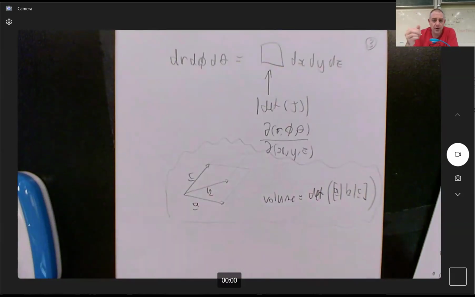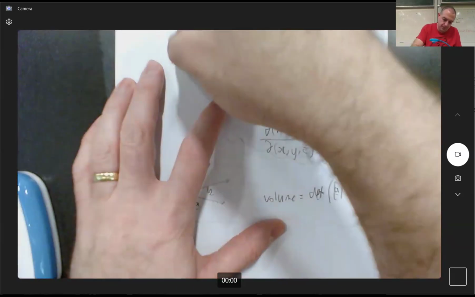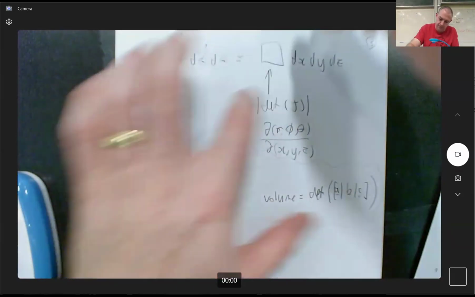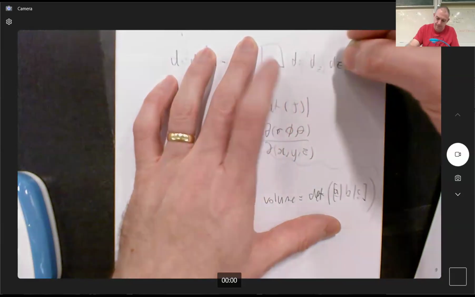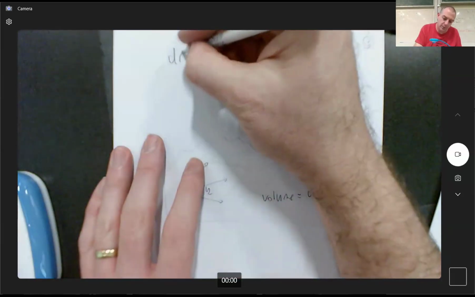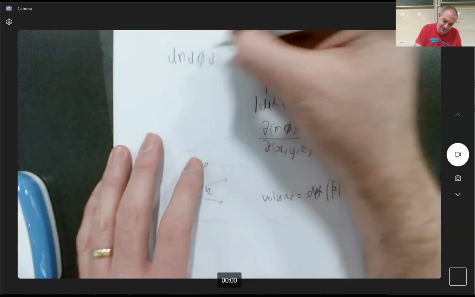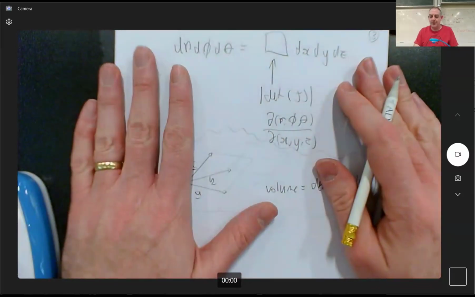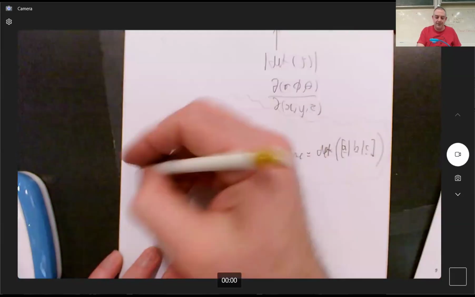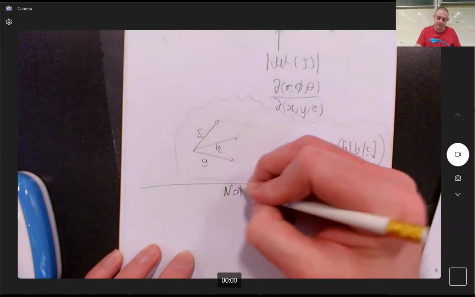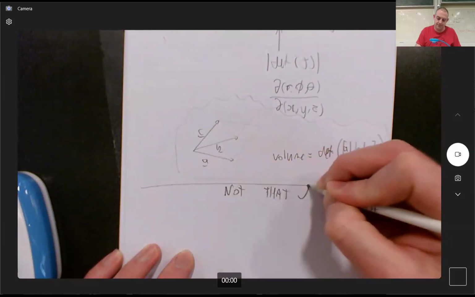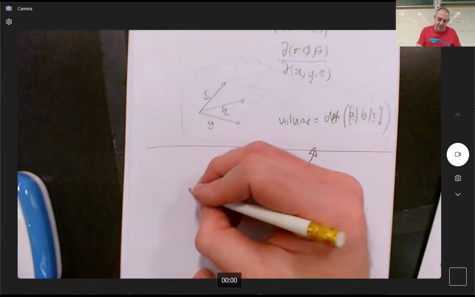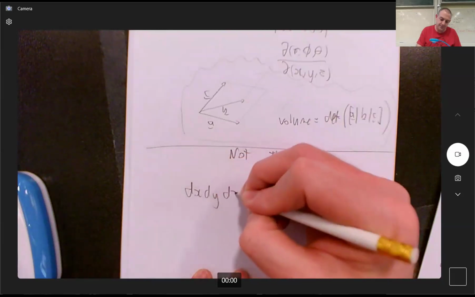Oh, crap, sorry. I've written this the wrong way around. Yes, this is true, but this is not what we want. Sorry about that. What we actually want is this, dx, dy, dz.